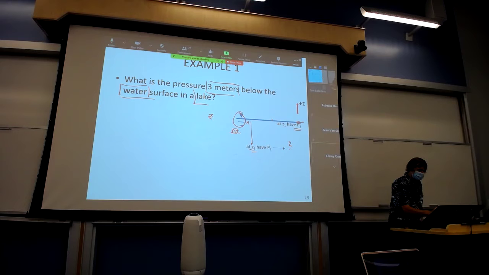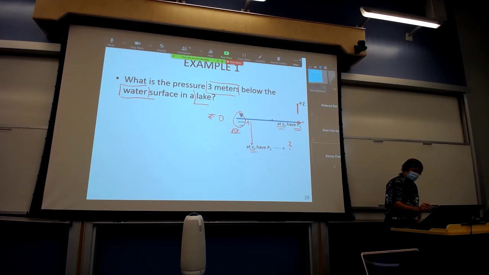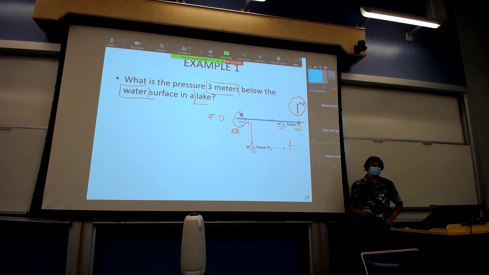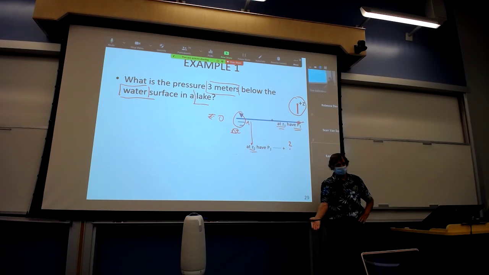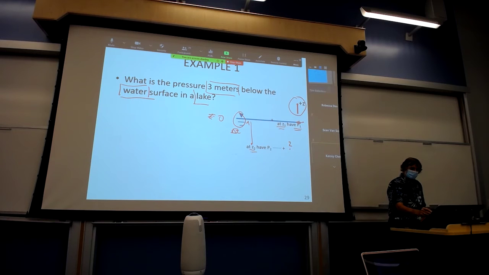You set your elevation datum here, and that means you know Z1. You already have Z2, but you also have Z2 in terms of that datum. Z2 would be minus 3 meters. Remember, Z increases vertically upwards. We're looking 3 meters below the surface. We know the specific weight. We know P1, Z1, Z2.